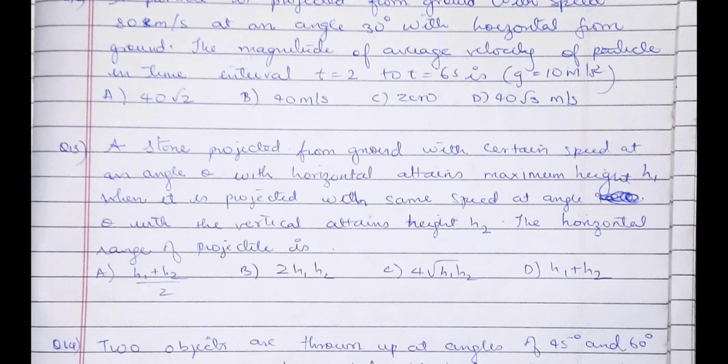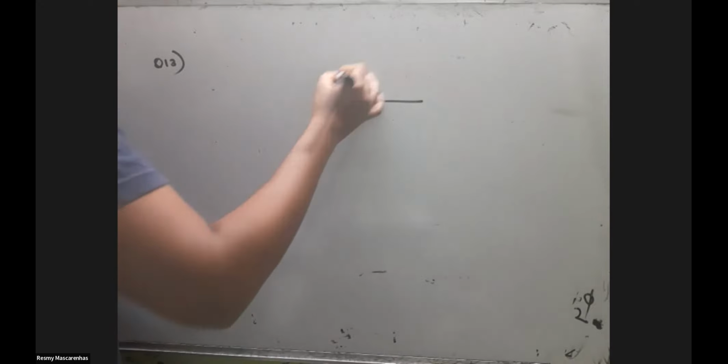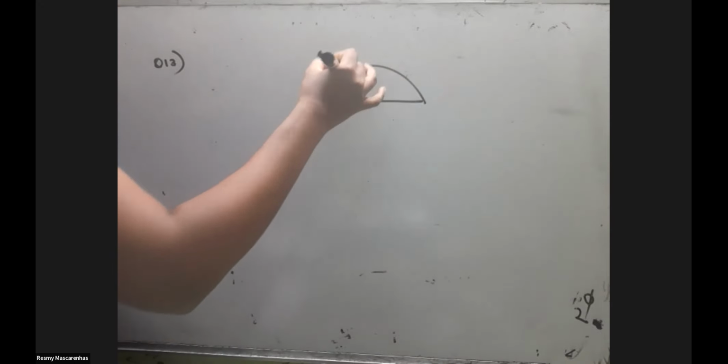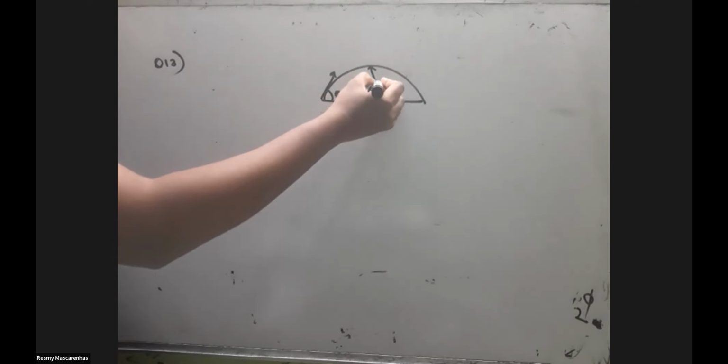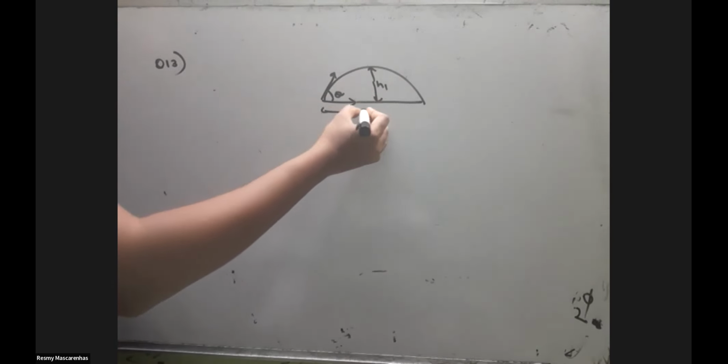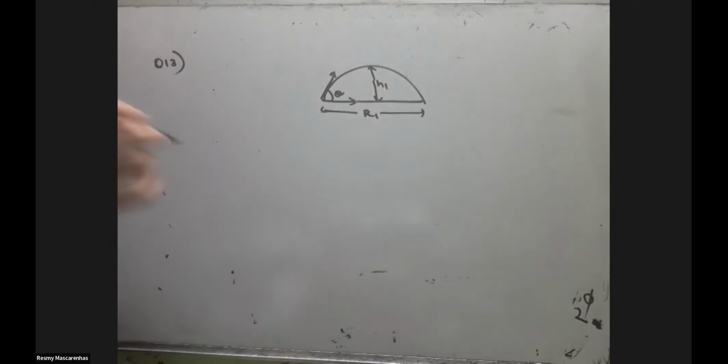So what is the range? First time it is with reference to your horizontal. Maximum height is h1, and this will be your r1.